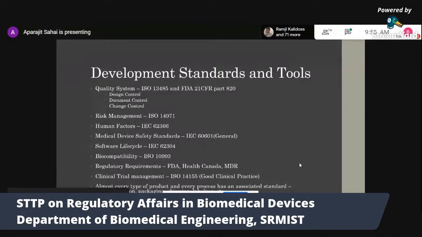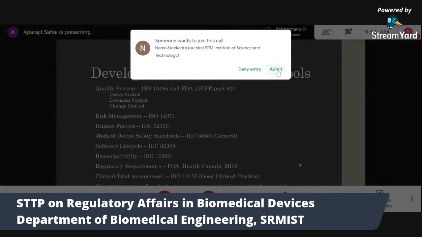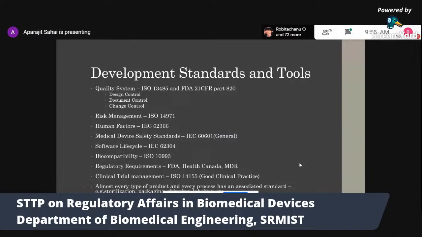I wouldn't recommend going and reading laws because they're written by lawyers, so they're difficult to understand. But regulations, at least in the US, are easy to understand, so I would recommend going and reading them. You will be able to grasp exactly what they're trying to say.